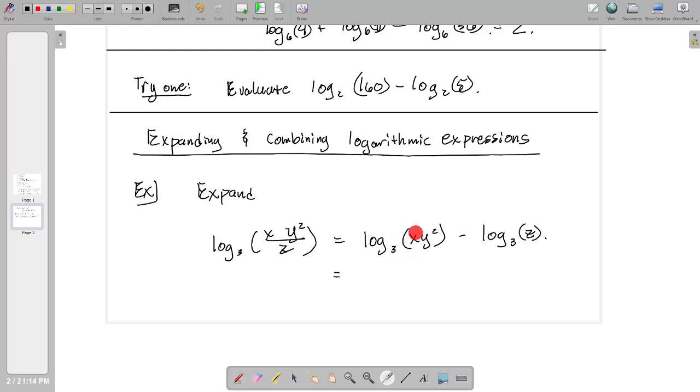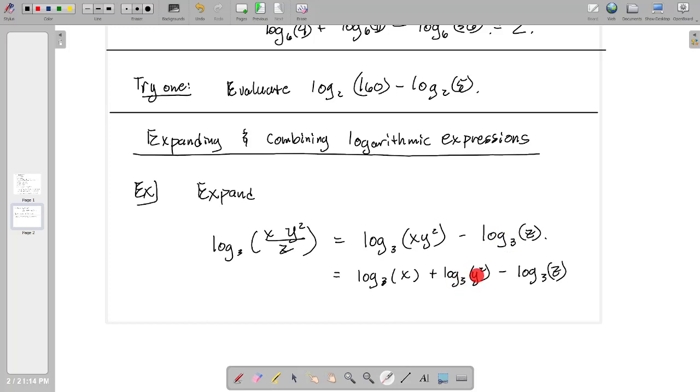We then are going to expand out our first logarithm here because we have a product. So we get log base 3 of x plus log base 3 of y squared minus log base 3 of z. We're just carrying down the log base 3 of z here. And the last thing we do is we use property 3.